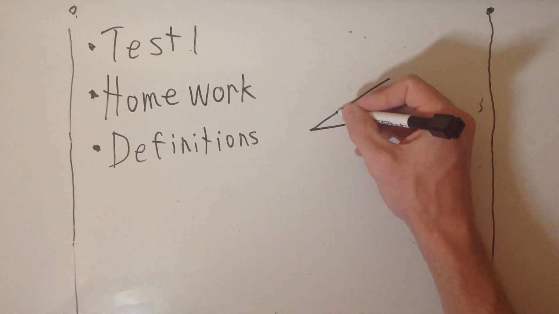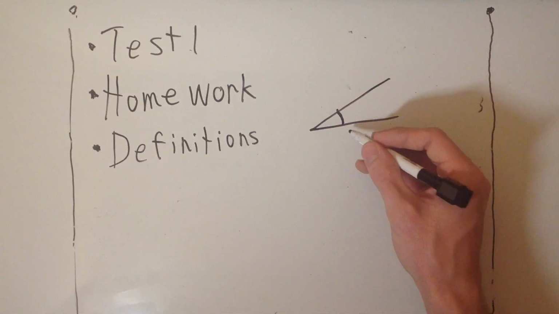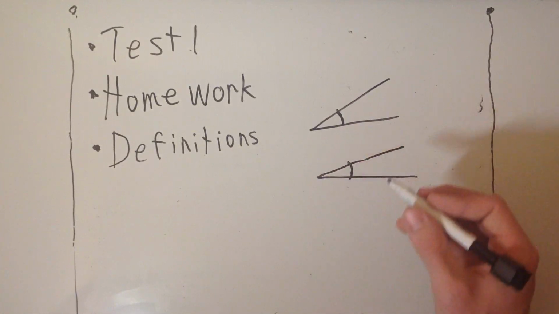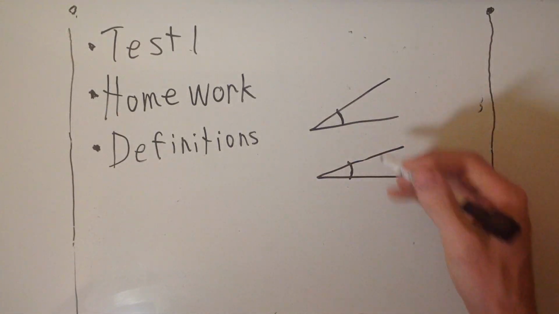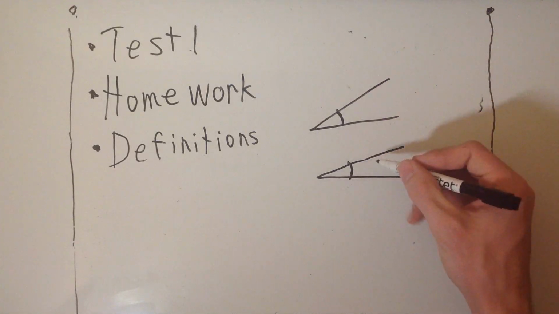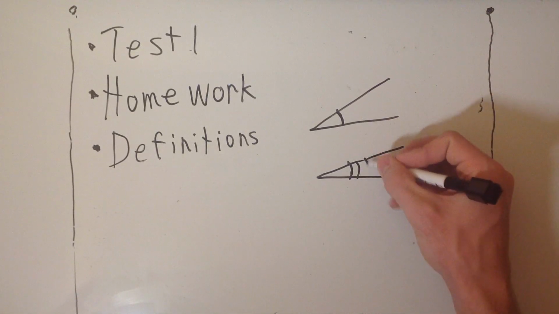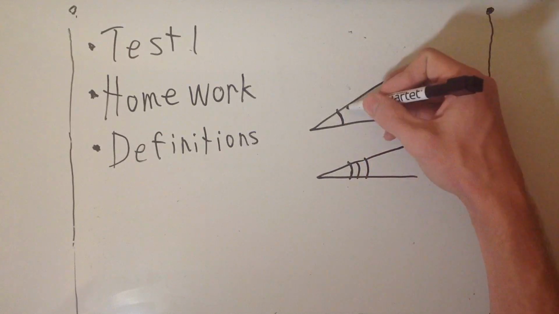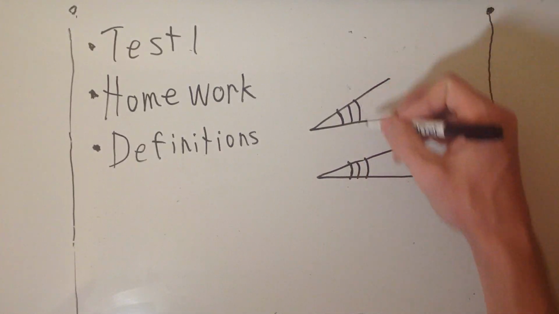Congruent angles are denoted by a little slash mark. So that angle is congruent with this angle. The same number of little marks connecting them make them congruent. These are no longer congruent unless they have the same number of little arcs in them.